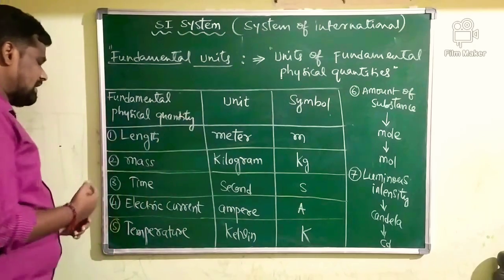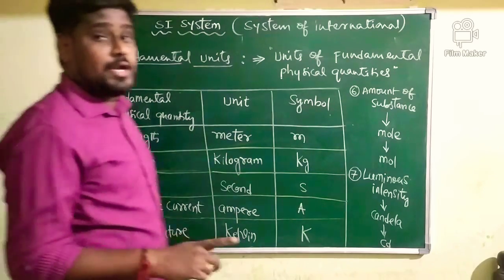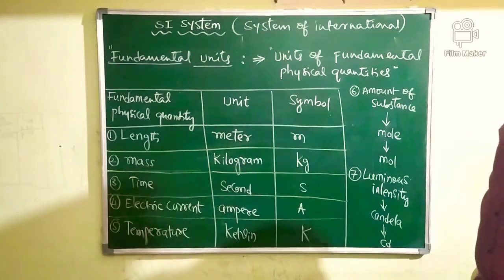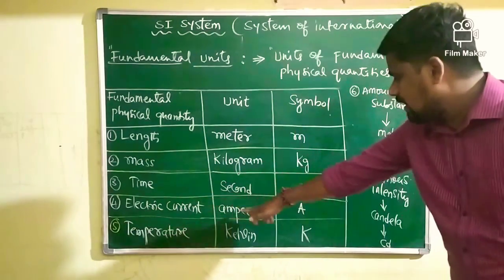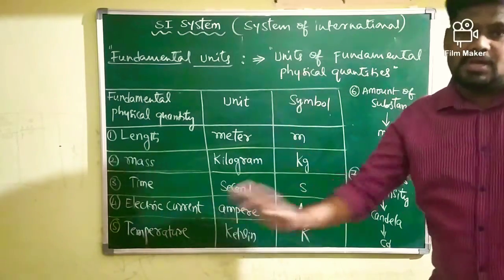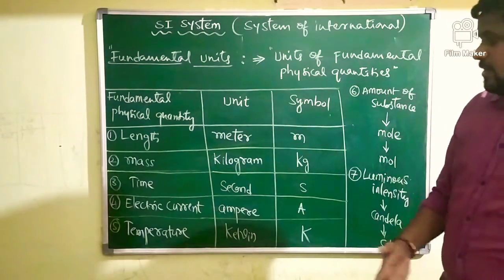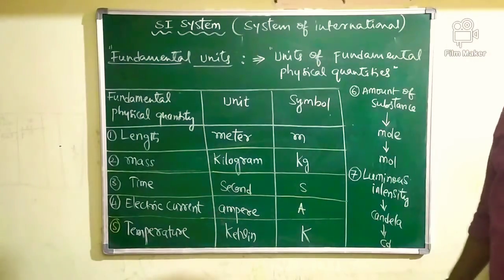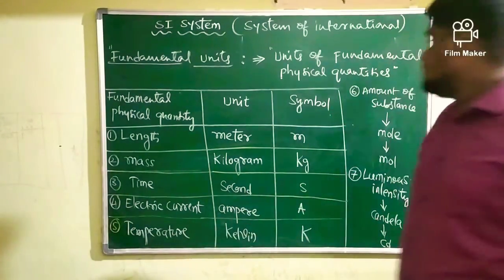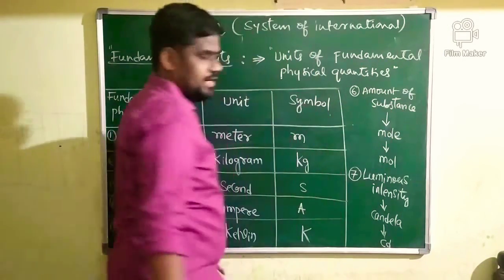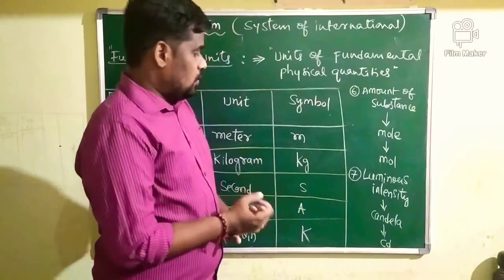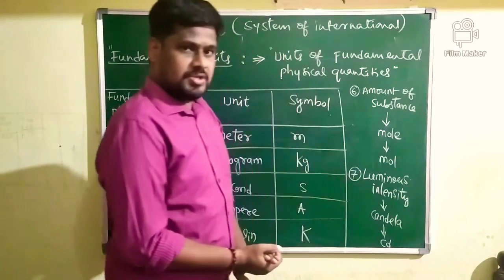For example, if I ask the question, what is the SI unit of electric current? The SI unit of electric current is ampere. What is the SI unit of temperature? It is Kelvin. What is the SI unit of amount of substance? The SI unit of amount of substance is mole. What is the SI unit of luminous intensity?